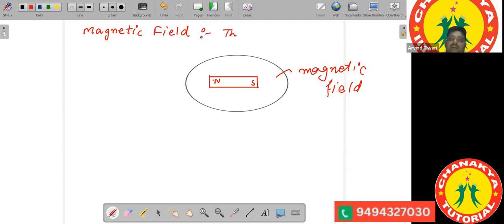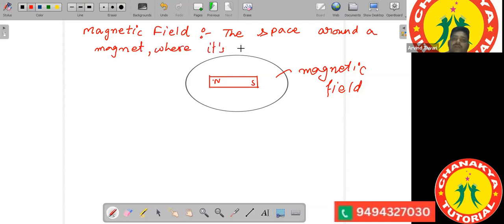It is the space around the magnet where its effect or its presence can be experienced. Okay, I hope you have understood about this magnetic field.